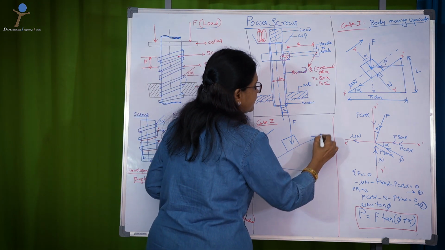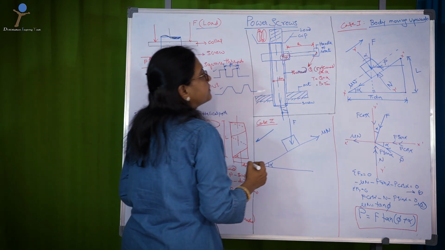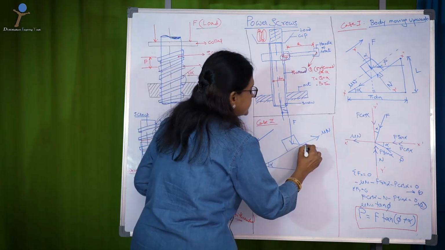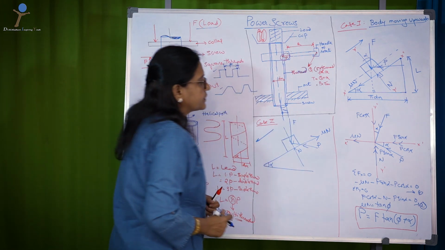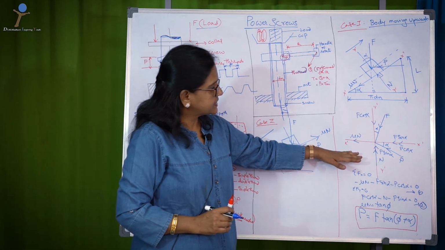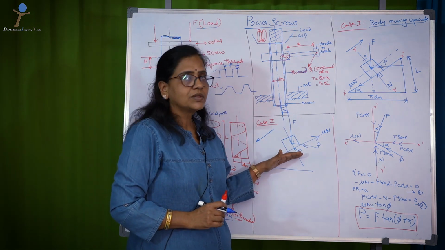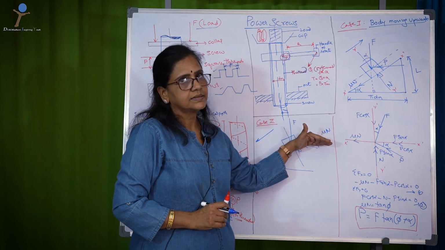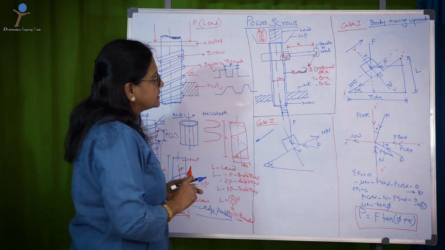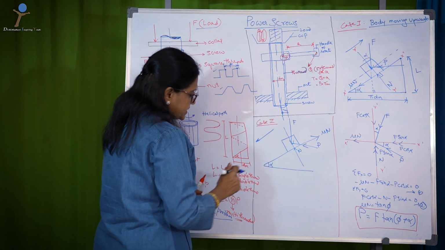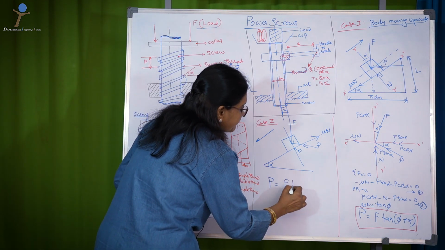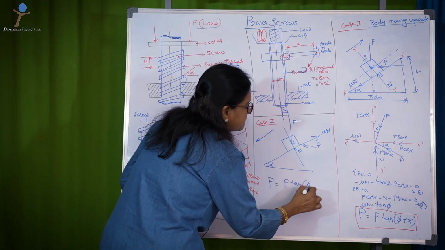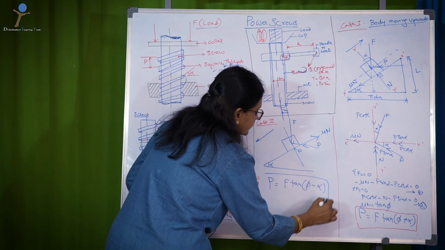And so, the frictional force is in upward direction and the force P is again in the similar direction with N. And you do the same exercise on this, resolve all the forces to one axis and then solve the equilibrium equations to obtain P is equal to F tan (phi minus alpha).